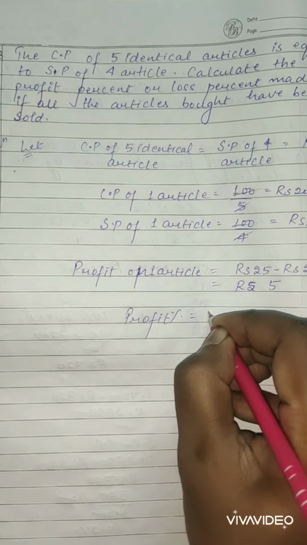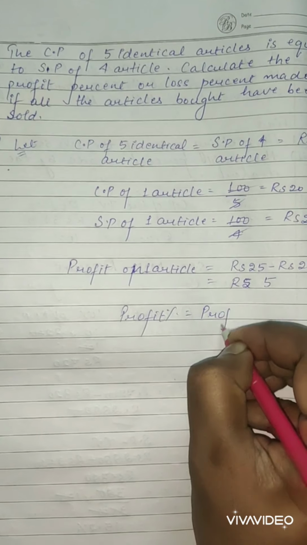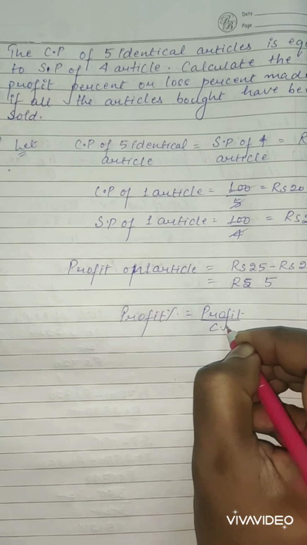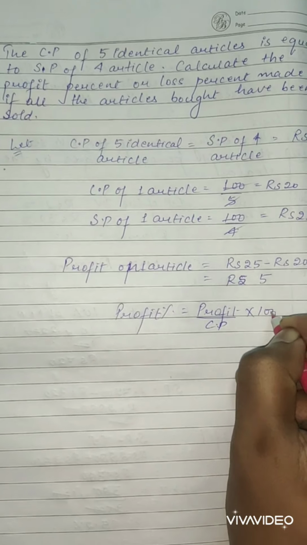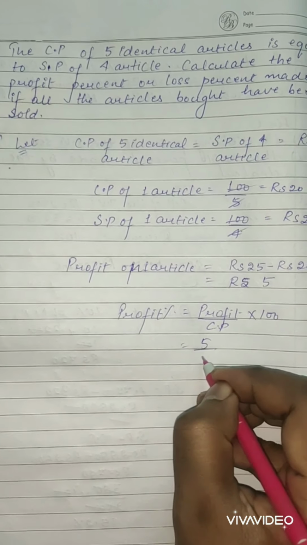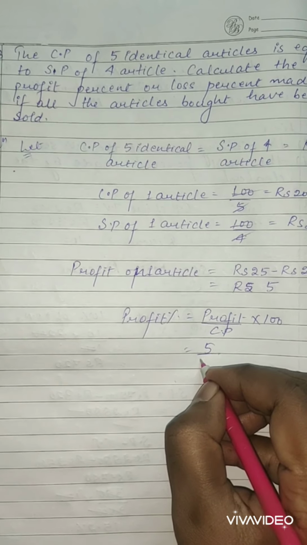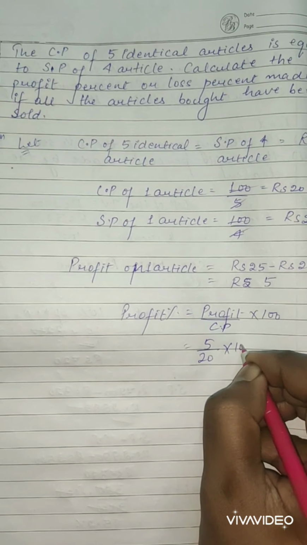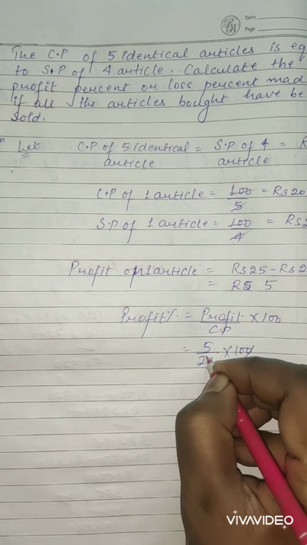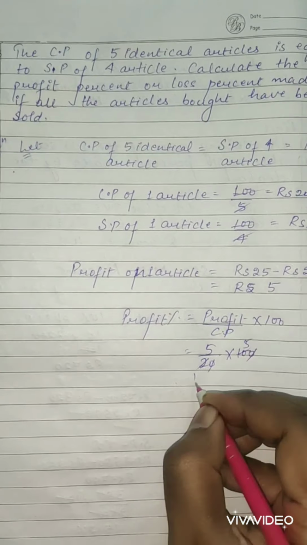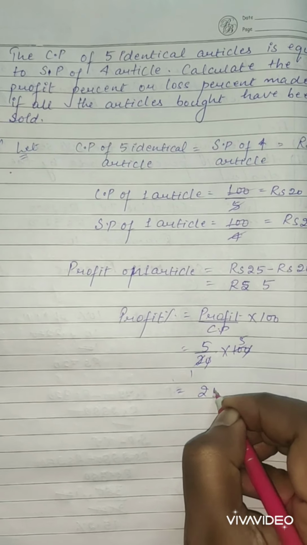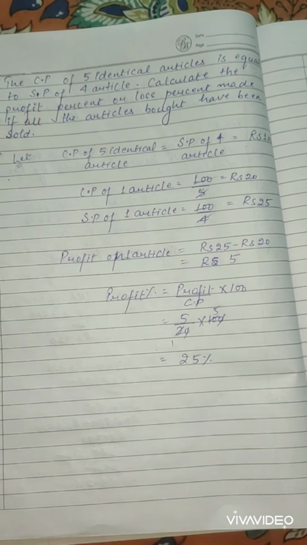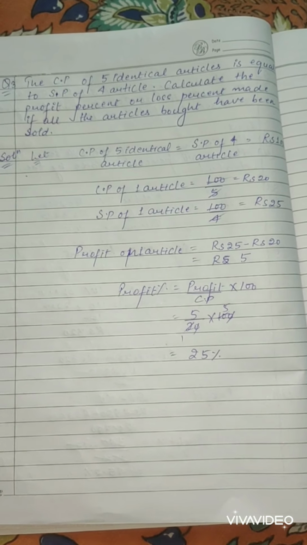So profit percent is equal to profit upon CP into 100. So 5 upon CP, which is 20, into 100. 2 5s are, that is 25%. I hope it is clear to you.